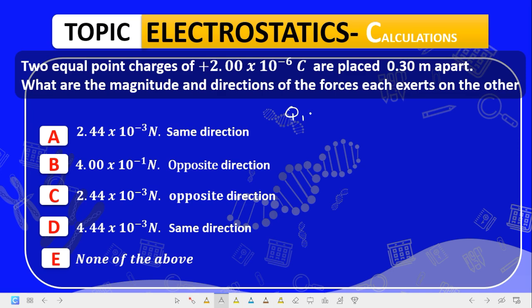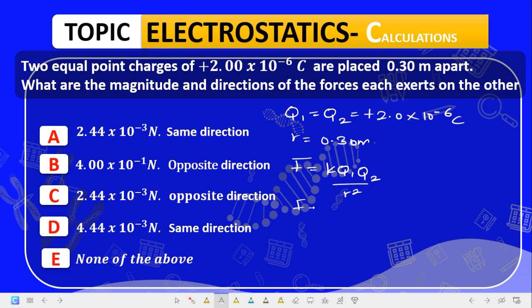Now, your Q1 is equal to Q2, and that is equal to plus 2.0 times 10 raised to the power of minus 6 coulomb. Your R, the distance of separation, is 0.30 meter. Now, when we are talking about the force of attraction, what should come to our mind is the Coulomb force, which is F equals K Q1 Q2 all over r squared.